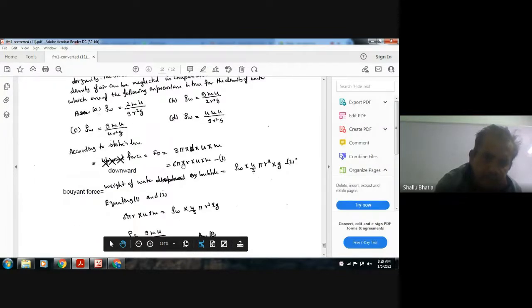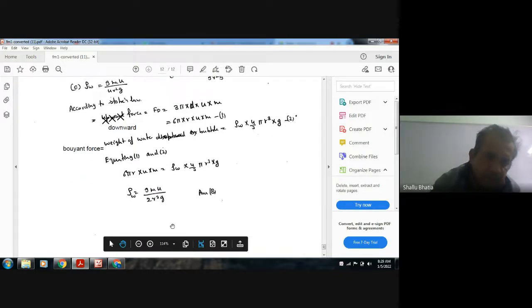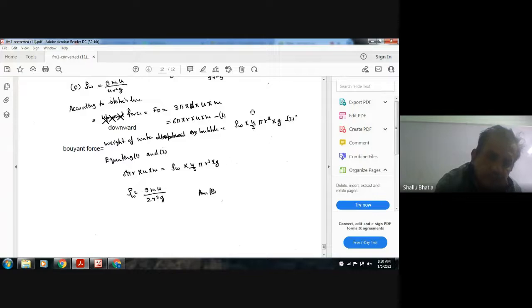Equating these two, we can get rho w equal to 9 mu U by 2 r square g. According to Stokes law the drag is 3 pi d mu U, or 6 pi r mu U. The buoyant force is the volume of the bubble times rho w times g, the weight of water displaced.